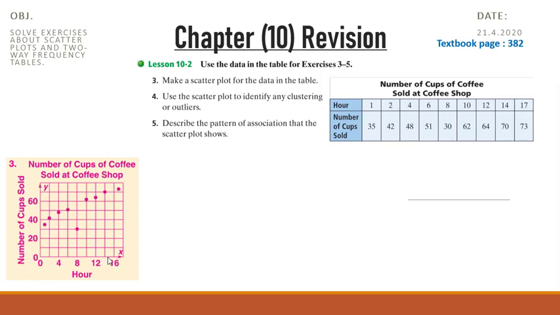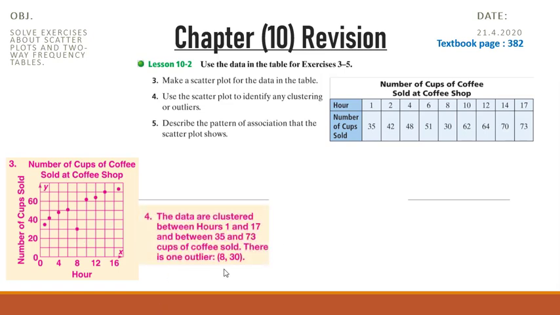And in the number of cups sold, clustering between 35 and 73, right? Yes. And we have here one point that's an outlier, which is 8 and 30, this point, right?